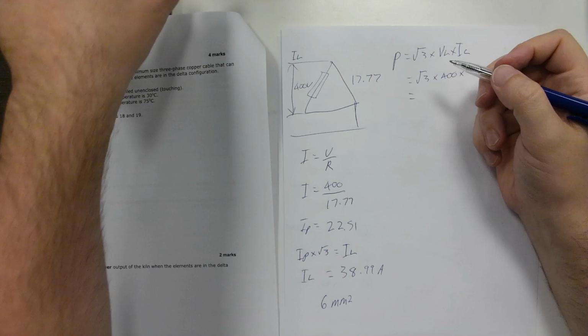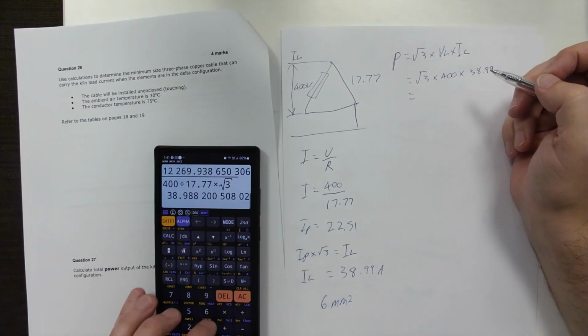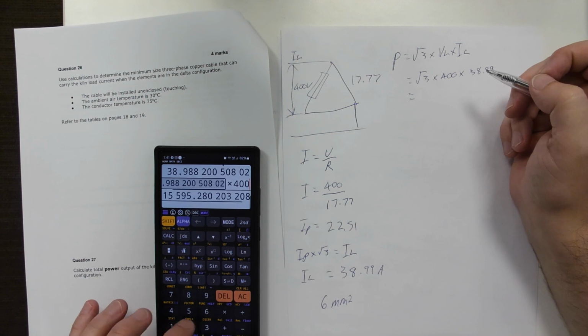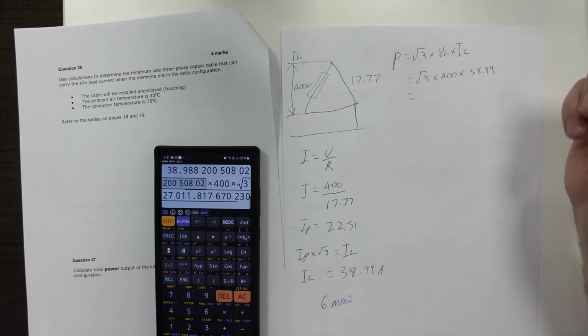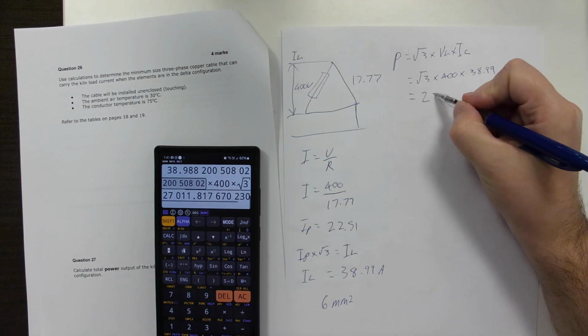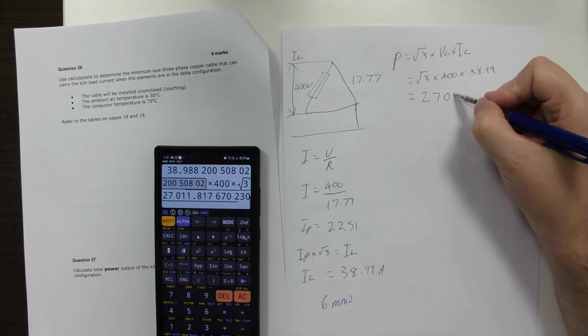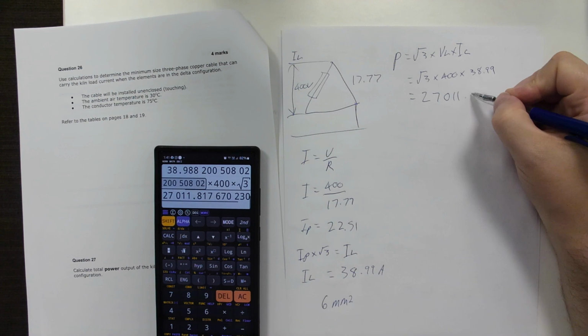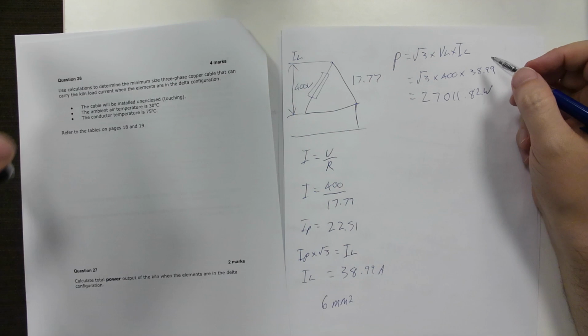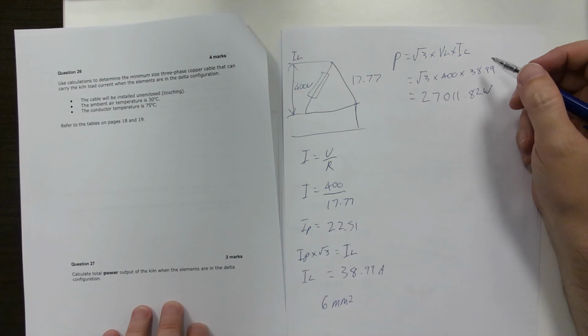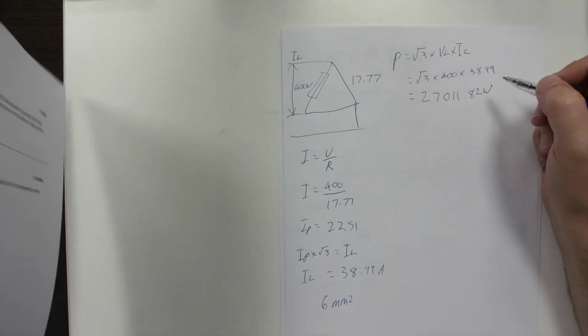I've already got that value on my calculator, so I just have to multiply by 400 times square root of 3, and we get 27011.82 watts. They didn't ask for kilowatts or anything, so I'm just going to go to standard base units with 2 decimal places.